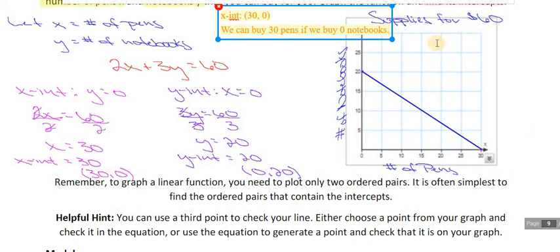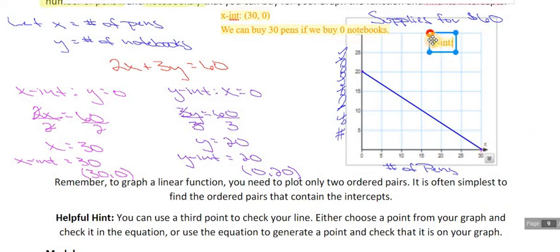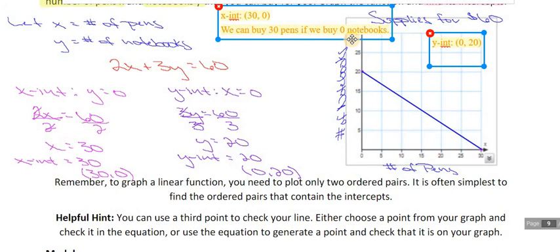Well, let's talk about the y-intercept now. The y-intercept is the ordered pair 0, 20. So if x is 0, so if we buy 0 pens, we can buy 20 notebooks.